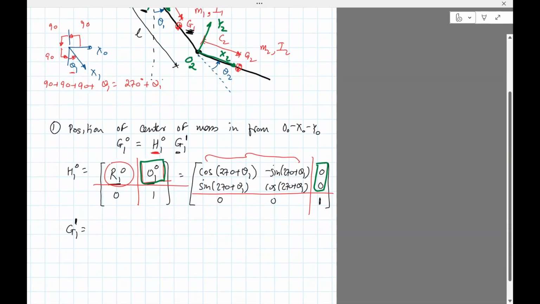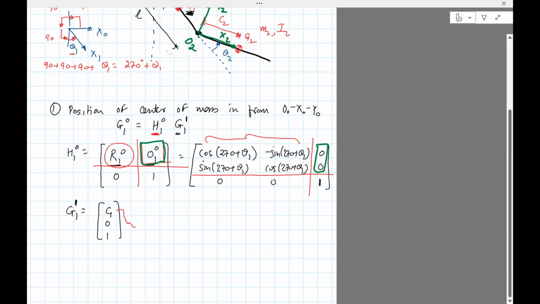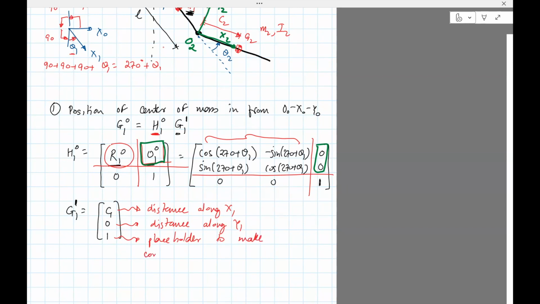So G11 is going to be C1, the x coordinate, 0, and then this 1 is a placeholder. So this one just makes computations possible.